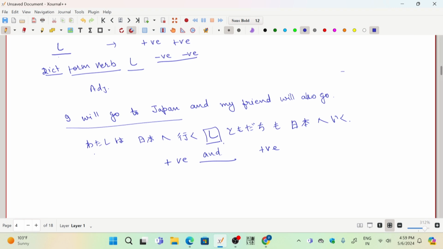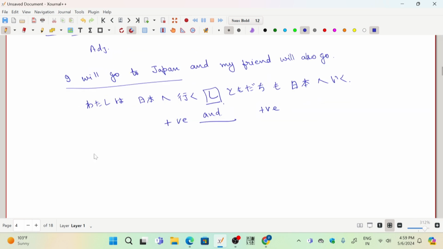So if I want to say India has the mango and mango is here cheap as well as tasty. Indian mangoes are cheap and tasty. So instead of saying and, we can use as well as.